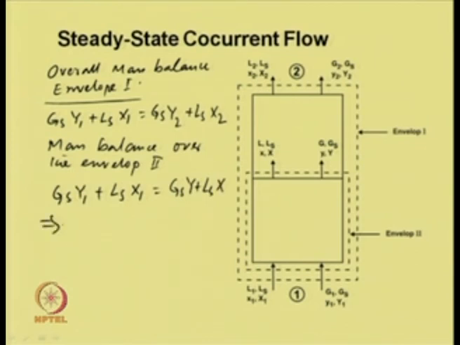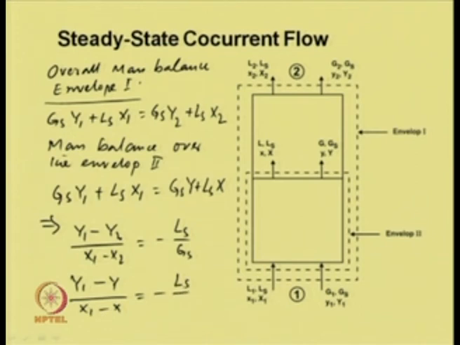And if we rearrange these equations, we can write y 1 minus y 2 by x 1 minus x 2 will be minus L s by G s, and also y 1 minus y by x 1 minus x will be minus L s by G s. So, the slope is negative, and this is the equation of operating line with a slope minus L s by G s.